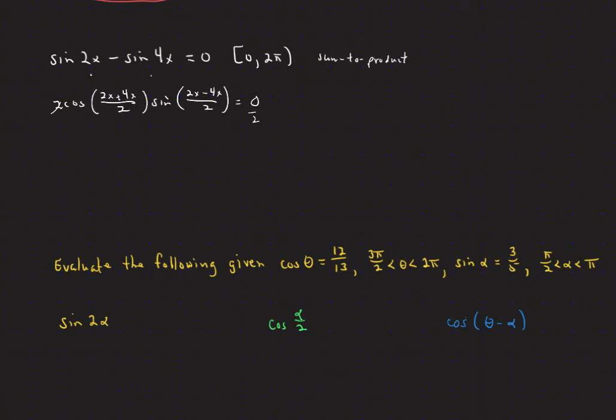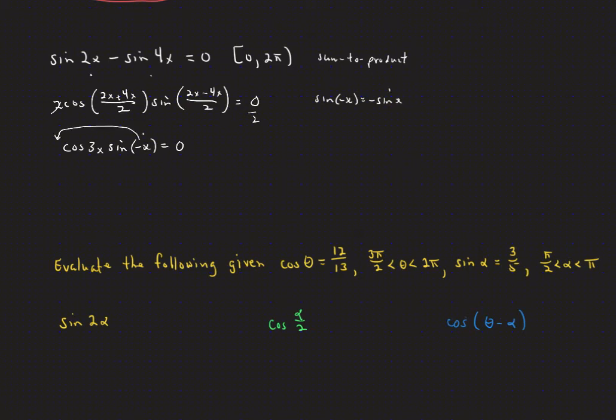We can divide that 2 out, and that's going to look now like cosine 6x divided by 2 is 3x, times the sine of 2x minus 4x is negative 2x, divided by 2 is a negative x. Now we can use our knowledge that sine is an odd function, so a sine of negative x is the negative of sine x.